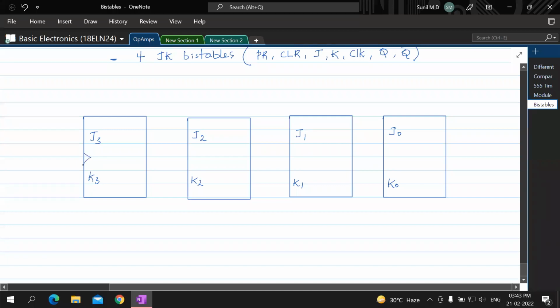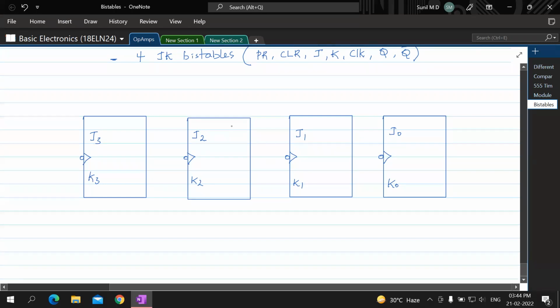Everybody see here? Clock with a bubble. Mind you, it's a clock with a bubble they have given. So if you give the bubble, it works for the falling edge of the clock. If you don't give that bubble, it works for the positive edge of the clock.